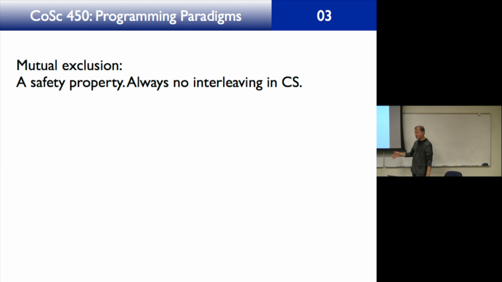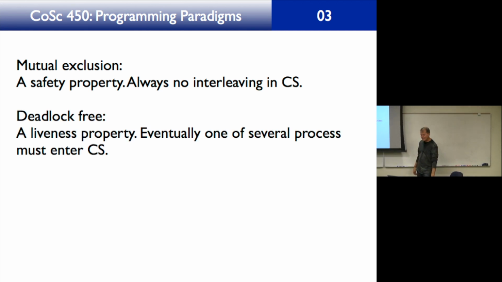Always no interleaving in the critical section. Are you with me on that? And what about deadlock free? What were liveness properties? Liveness properties were things that we wanted to happen, right? It behaved like we wanted. So deadlock free is a liveness property. Eventually, one of several processes must enter its critical section.